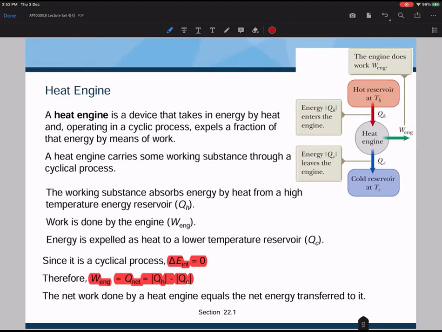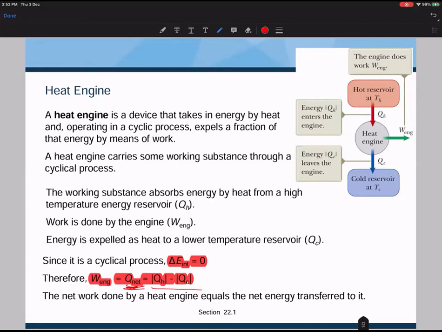And because it is a cyclic process, after one cycle, there would be no internal energy change. So after the cycle, you would expect the system to return to the original state. So there is no internal energy change. All of the work done comes from the net heat transfer. The net heat is the heat energy coming from the hot reservoir minus the heat energy thrown away to the cold reservoir.